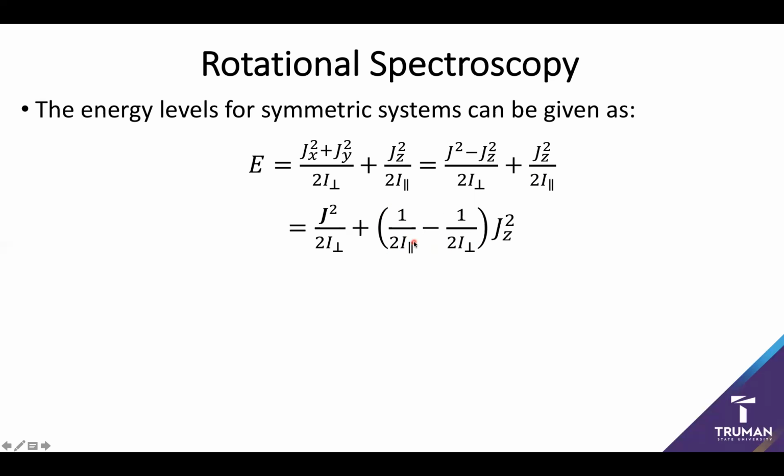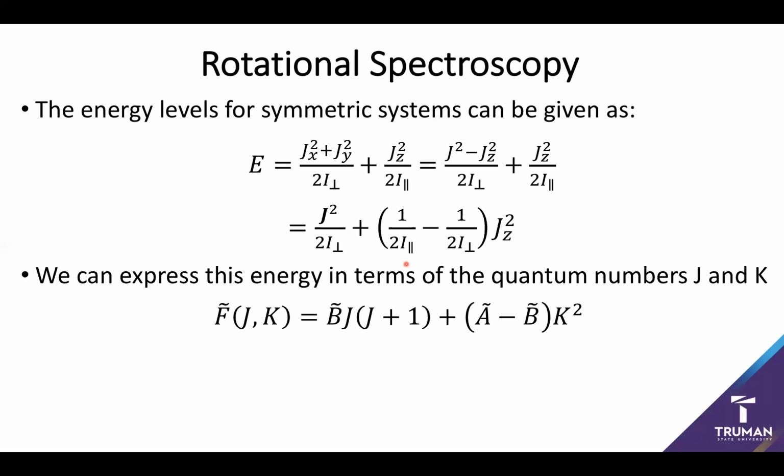Now, because we are now solidly into spectroscopy and not just quantum mechanics, we can also express this energy in terms of wave numbers, as well as in terms of a new set of quantum numbers.